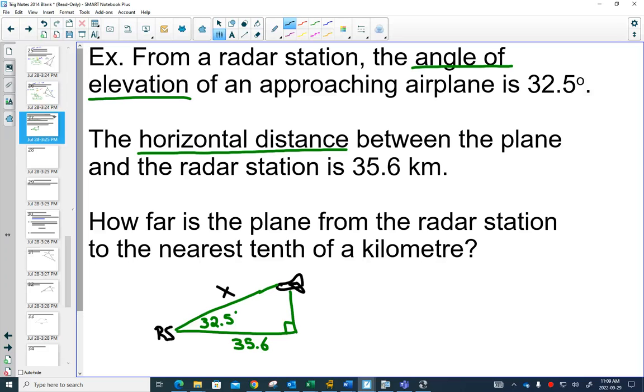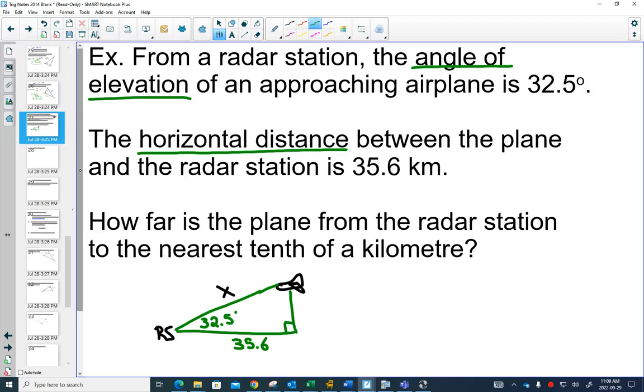The radar station is right there. So again, how do we know the radar station is right there? It says from a radar station, the angle of elevation. So that's telling us that where that angle is where the radar station is. So again, the math now isn't going to be too hard. The hardest part in this one is, can you draw an accurate picture of what's happening?